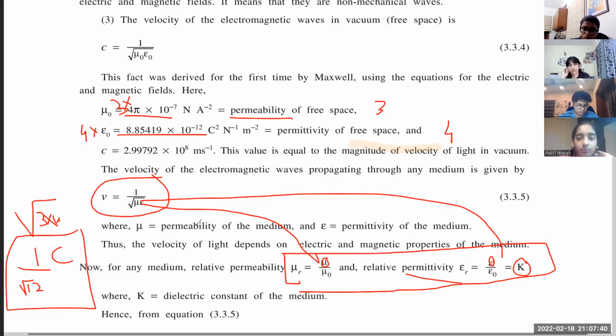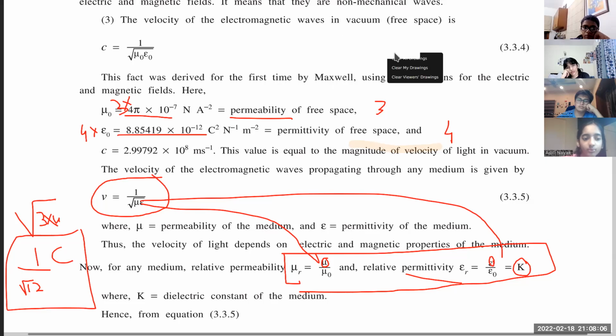What is the speed of light in that medium? 1.5 into 10 to the power 8. Very good. C by 2. One more question. I have a medium in which relative permeability is 2 and relative permittivity is half. What is the speed of light in that medium? The same. Yes, very good.